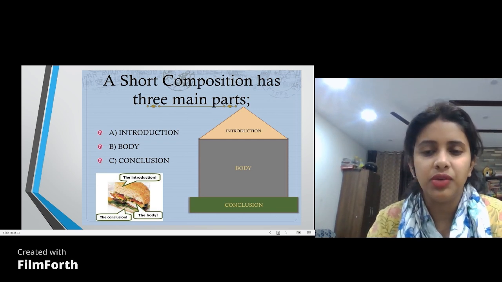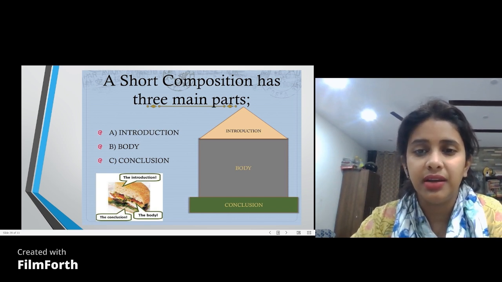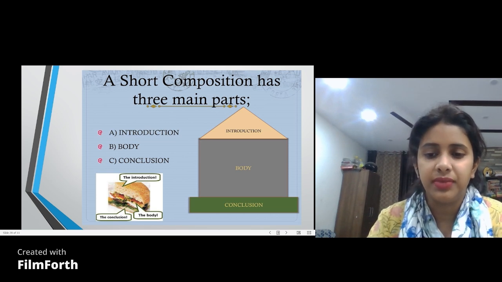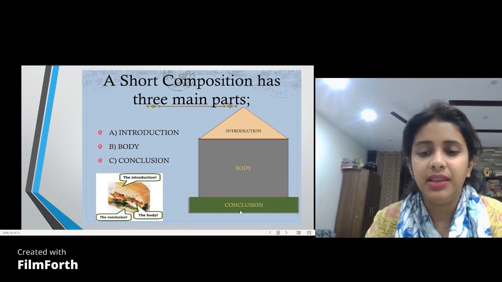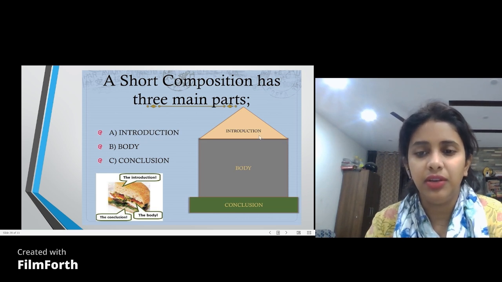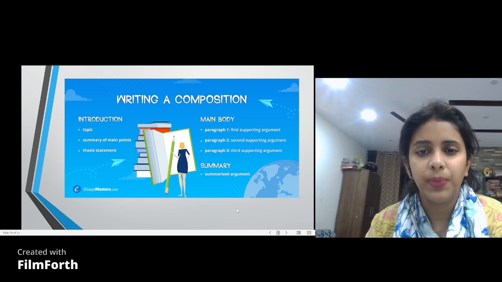Okay, so these are the three essential elements, three points that build your composition, and it makes things easy for you. You divide your composition in three parts: the introduction, the body, and the conclusion, and that's how you go.